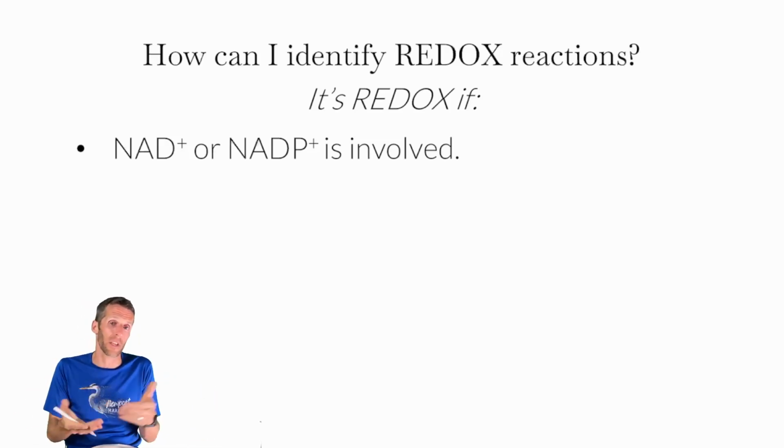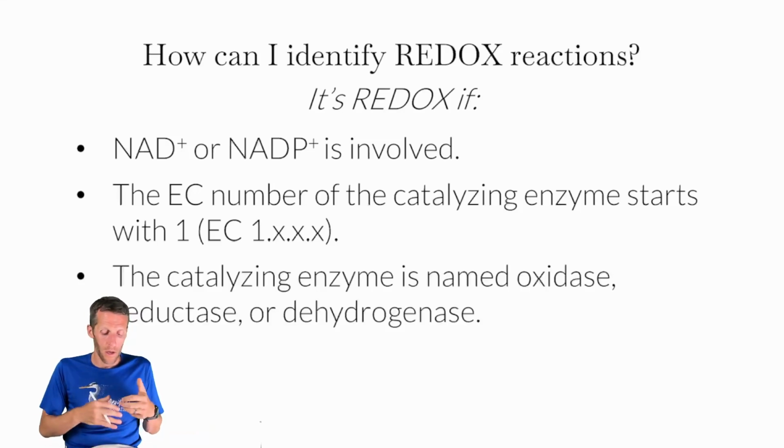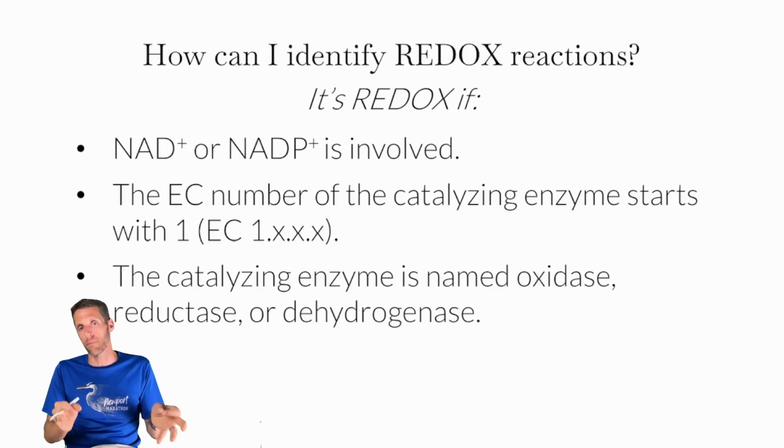They are doing oxidation or reduction. If you have the EC number for the enzyme, and the enzyme starts with a 1, that means it is involved in oxidation or reduction. So that also means it's a redox reaction. Finally, you can look at the name of the enzyme. If the enzyme is named oxidase, reductase, or dehydrogenase, again, this must be a redox reaction of some sort.